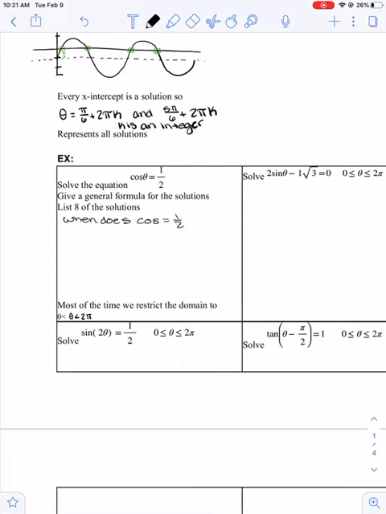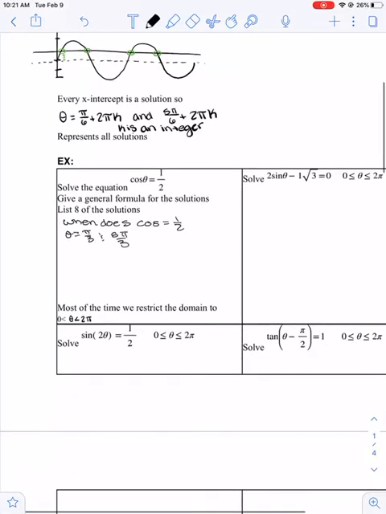If we look at our unit circle, that's at theta equals pi over 3 and 5 pi over 3. And again, if we keep adding 2 pi to these, we would keep getting to that spot on the unit circle, which is the solution of cosine theta equaling 1/2.